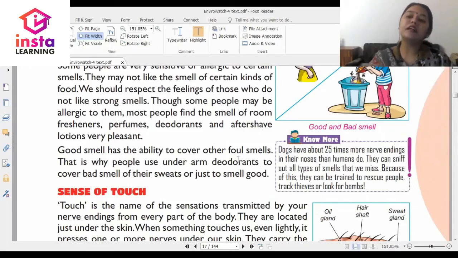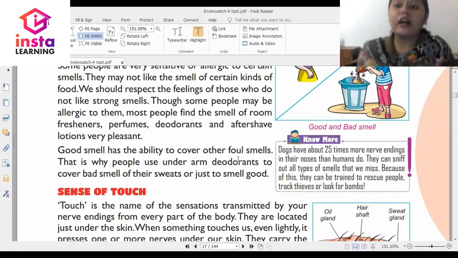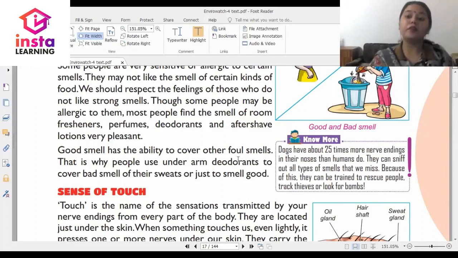Sometimes maybe your house doesn't have a foul smell, but particularly around Diwali and the festive season, maybe on your birthday, your parents or family members would be spraying room fresheners. Why? Because it gives a very pleasant smell. That is why people use underarm deodorants to cover bad smells of their sweat.